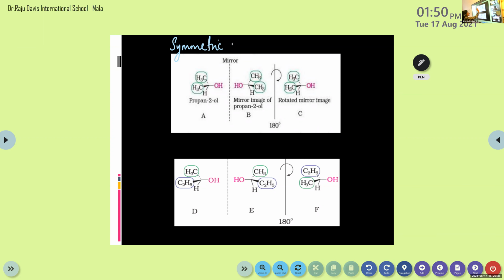The CH3 groups are on the opposite side in the mirror image, right? Then again we rotate this mirror image of propan-2-ol by 180 degrees. That's the third one, the rotated mirror image.